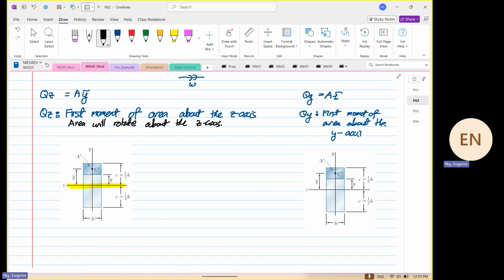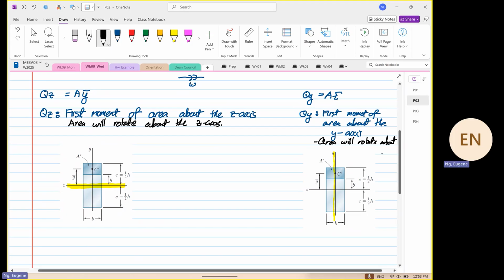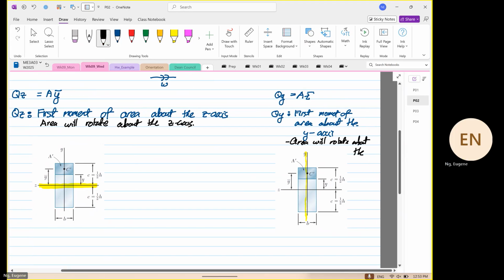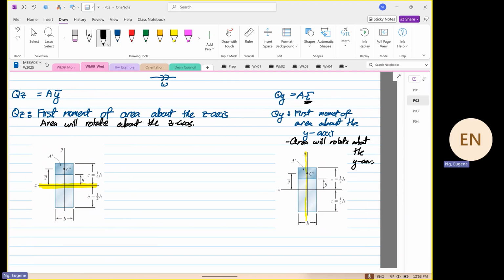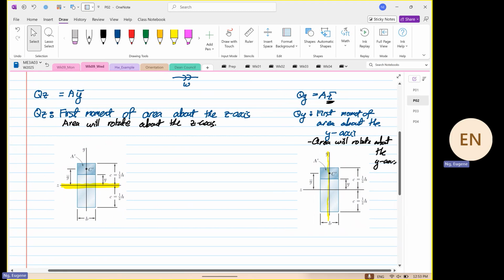Right? Moment is about rotation, yes or no? Okay. If we were to take Iyy or Qy, it means the area will rotate about the Y-axis. So that's why the perpendicular distance in Qy is Z. The perpendicular distance in Qz is Y.